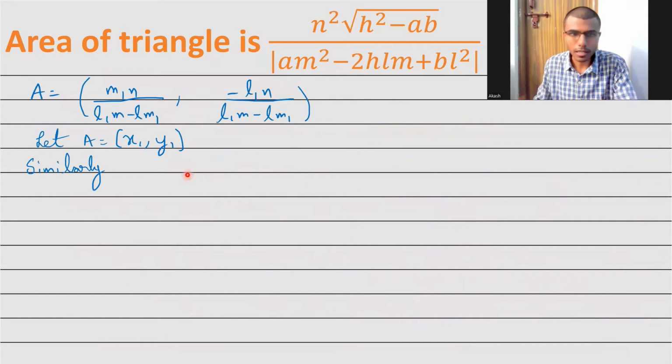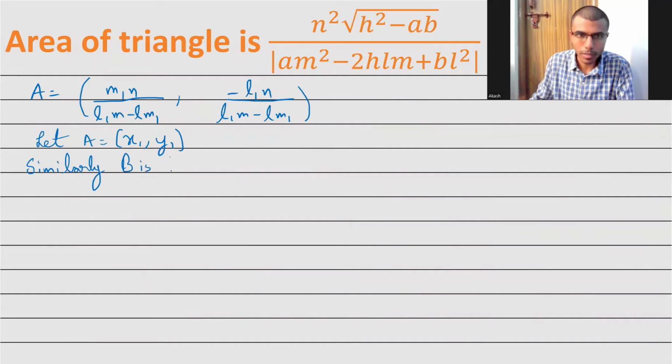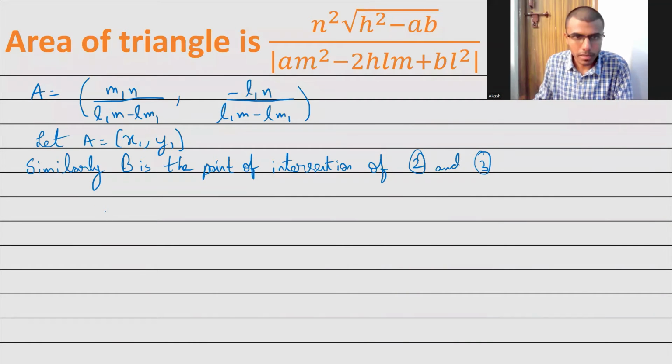You can just say that similarly, B is the point of intersection of 2 and 3. Therefore B is equal to, wherever you see M1 and L1, you just need to replace them by M2 and L2.